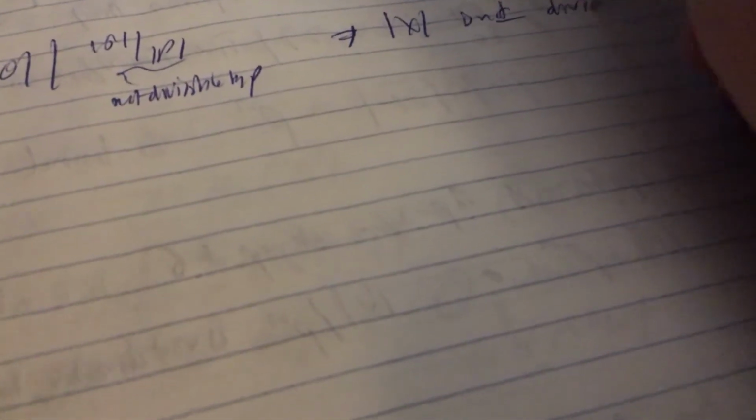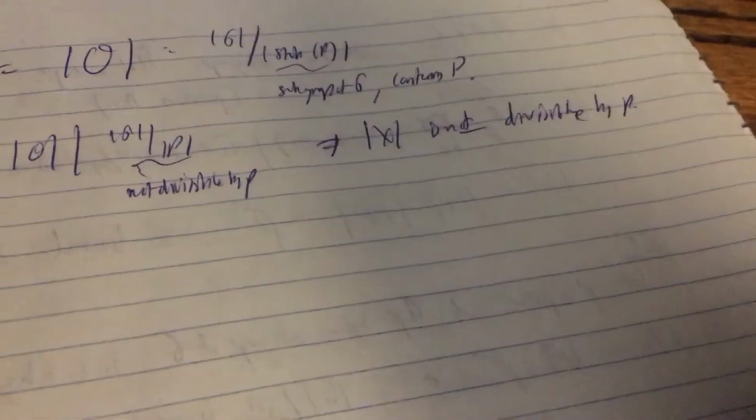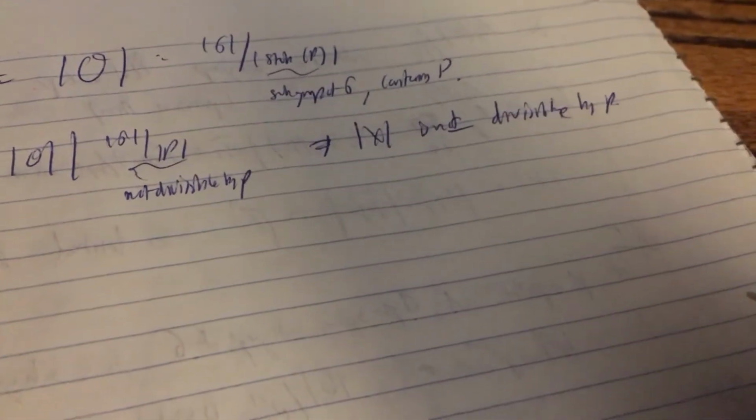And so the whole thing together implies that the size of X is not divisible by p.